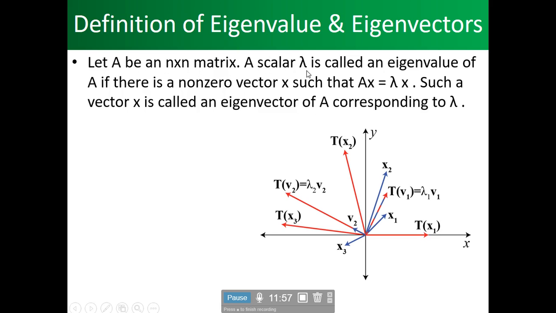A scalar lambda is called an eigenvalue of A if there is a non-zero vector x such that A x equals lambda x. So some number times x is going to be equivalent to Ax. Such a vector is called an eigenvector of A corresponding to lambda.